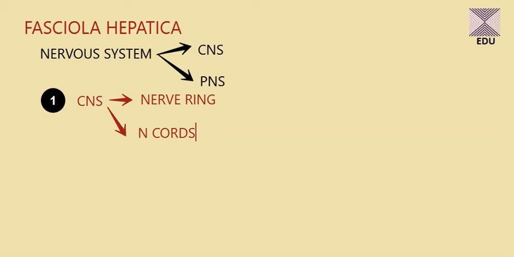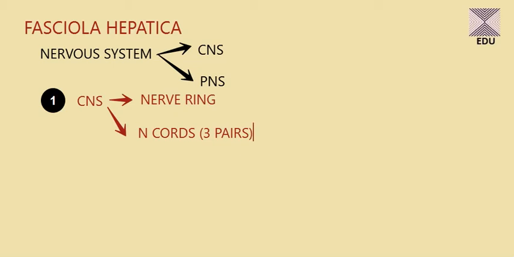These two things compose the central nervous system. Here we have a nerve ring and three pairs of nerve cords. So we'll be taking these things one by one.